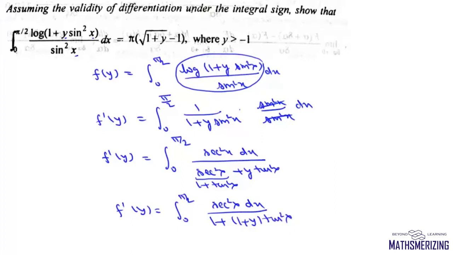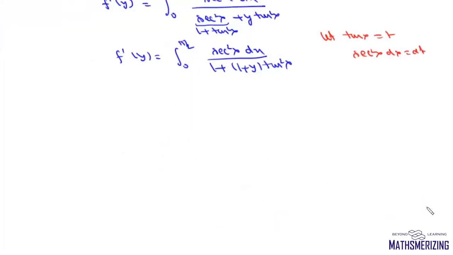Now what we'll do is let tan x be t, then we'll have secant square x dx as dt. Now we can write this integral as f dash y, and now we'll put the limits. When x is 0, tan 0 is 0, so the value of t is 0, and at pi by 2, tan pi by 2 is infinite, so t will be infinite.